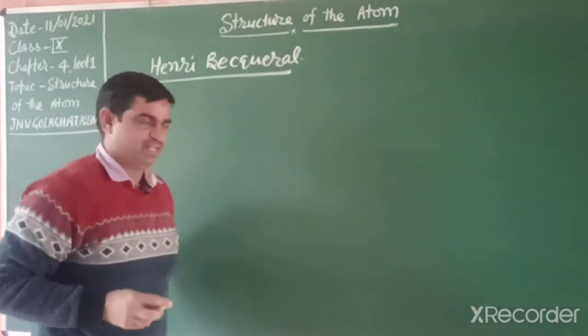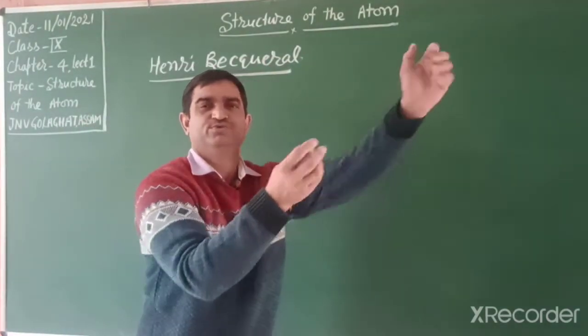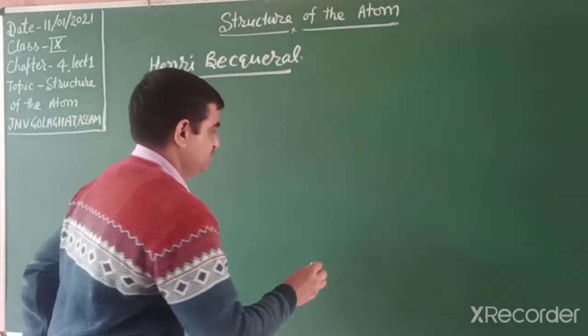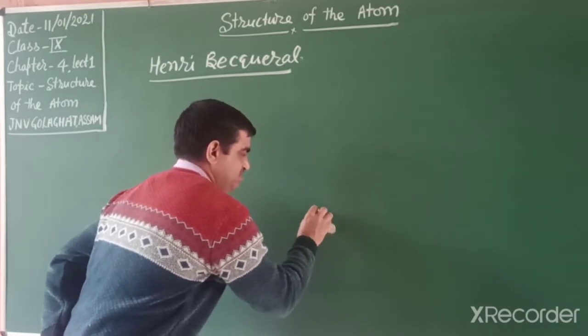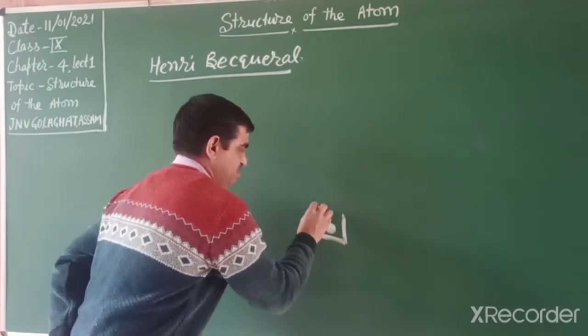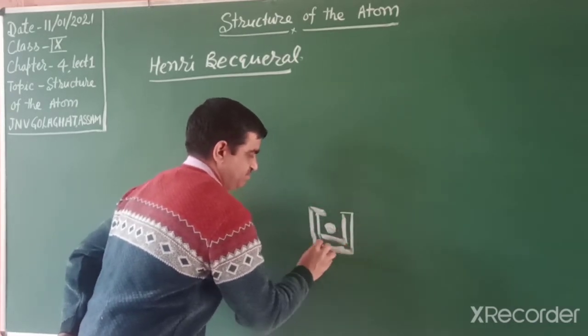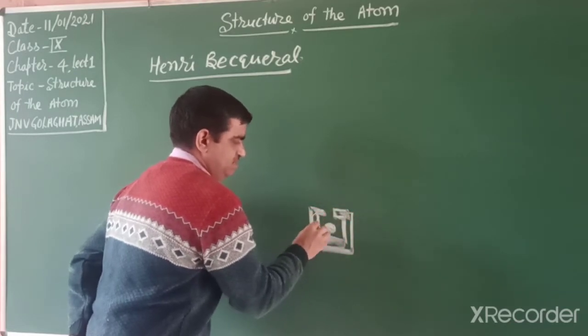This scientist explained that radioactive substances like radium, thorium, uranium and other substances release radiation continuously. That substance we placed in a lead chamber. Lead is a metal. This one is a lead chamber.